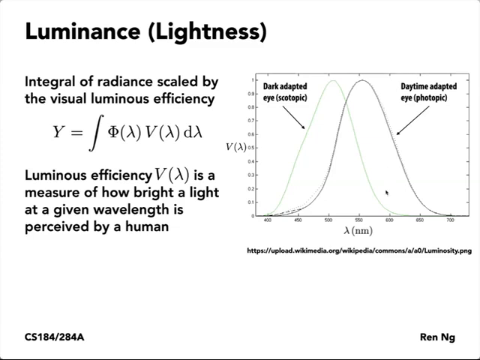And this just asks the question, it's not a response for one of our cone cells, but it says, if you tried to ask a person how bright do two lights of different wavelengths look, what's the sensitivity of the eye? It turns out people will tell you that the same power of light at 550 nanometer looks brighter than at 450 or 650 nanometer. And this curve represents that.